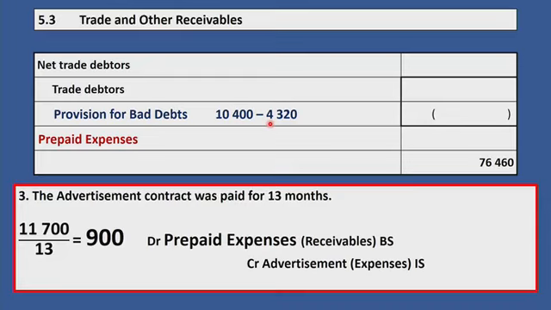Now that 900 for advertising, therefore, will go here by prepaid expenses. Any other adjustments will go there by trade debtors. If you see there's a few lines missing or not enough lines, then you can assume, like in this case, SARS income tax won't be here and there will be no accrued income.